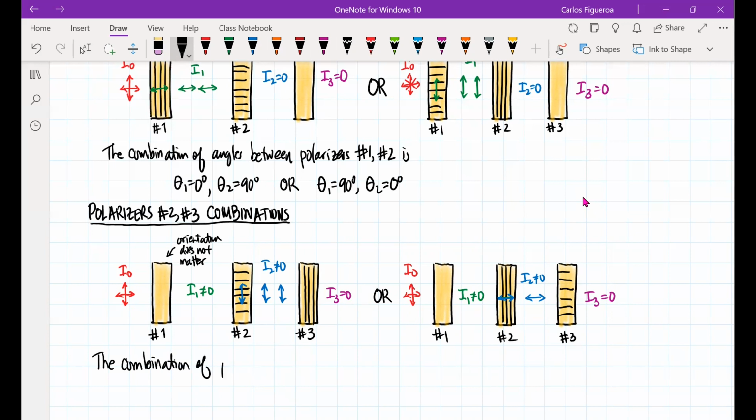So then we could see here that the combination of polarizers number 2 and number 3 is that I can choose theta 2 equal to, in this case, 90 degrees. Again, remember, this is 90 degrees. And then this guy here is 0 degrees.